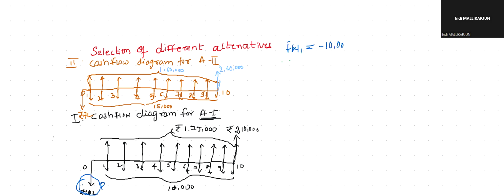For minus 10 lakh rupees, we have to calculate the future value for the given rate of interest over the useful period. Consider the interest rate is 10%. So for alternative 1, the present value is 10 lakh. For this present value, what will be the future value for the given rate of interest over a period of useful life?